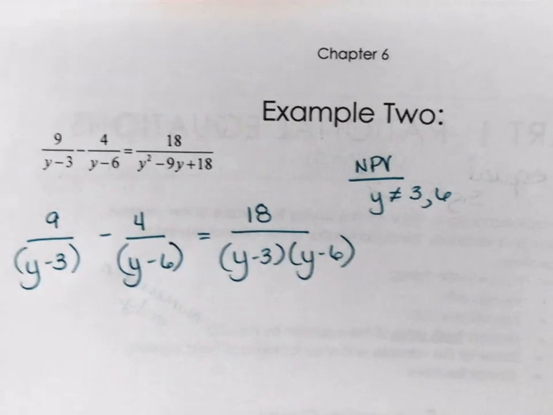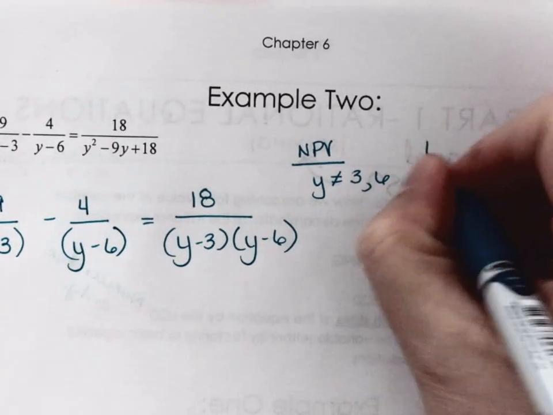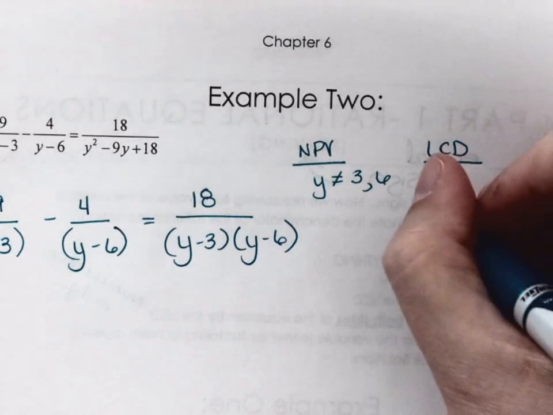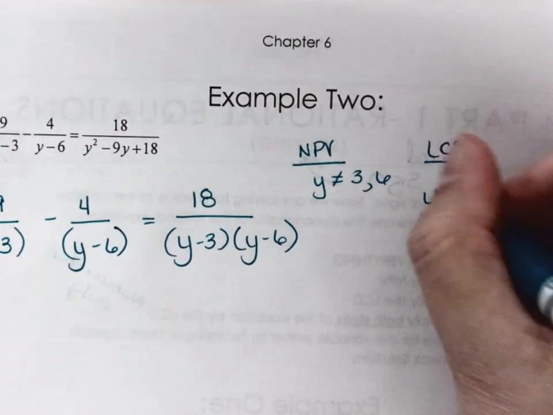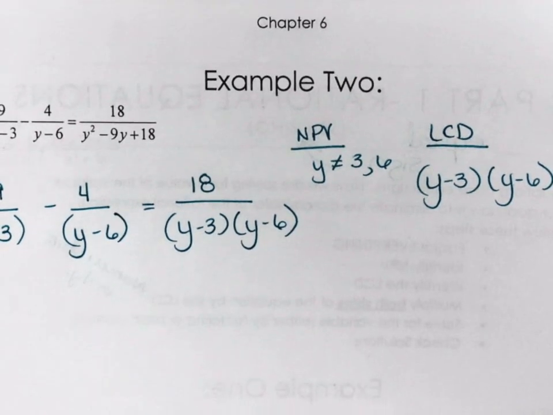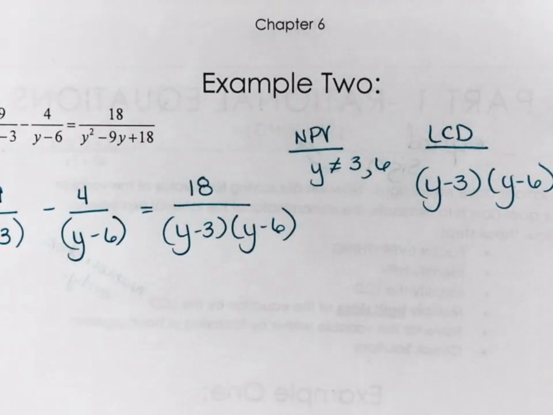Okay, what is your LCD? What I said. So both those factors, right? So I don't have to double them. Like if I see it once, I don't have to write it again. We're just gonna write it down once. It's super similar to what we did with the adding and subtracting. Your LCD isn't gonna change how you find it.